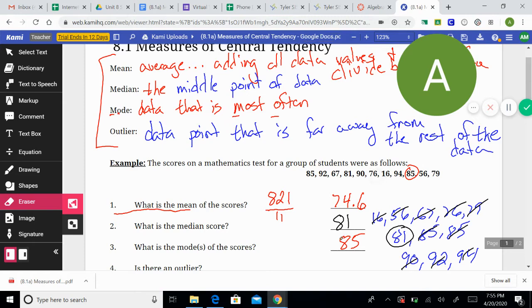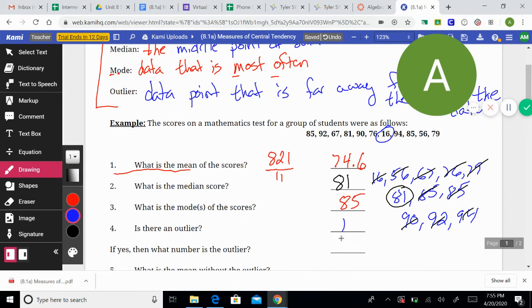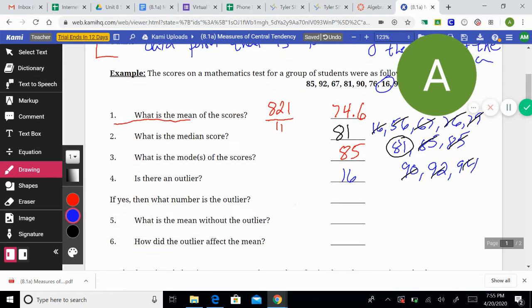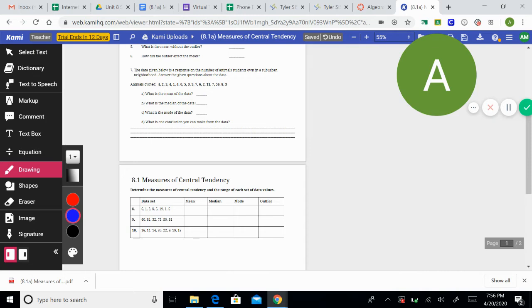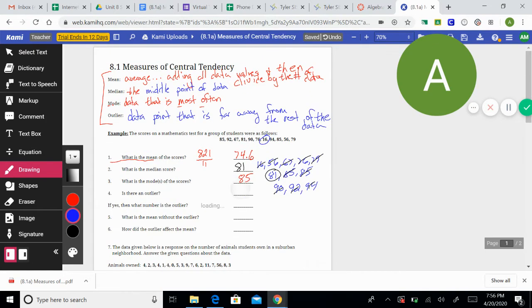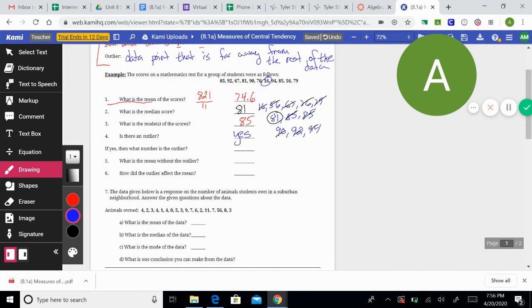Well, I would say 16 would be our outlier. 16 is pretty far away from the rest of the grouping. Oh, sorry. Is there an outlier? That should be yes there. I jumped the gun. So we're going to put yes here. If yes, what is the number that is the outlier? We're going to go with 16. Okay?